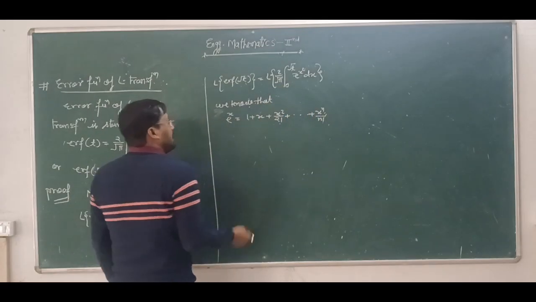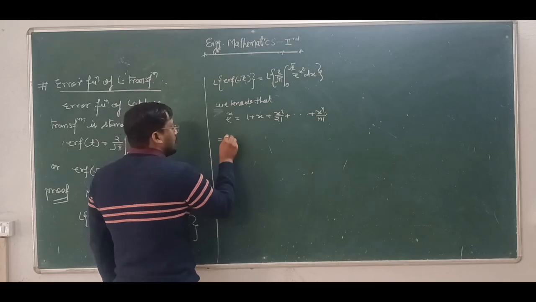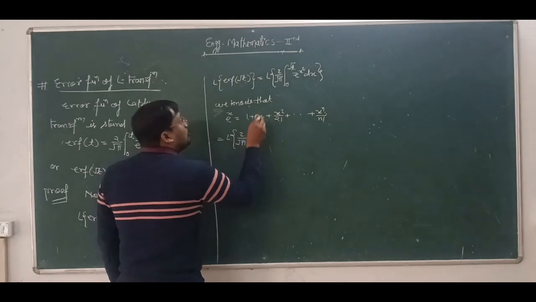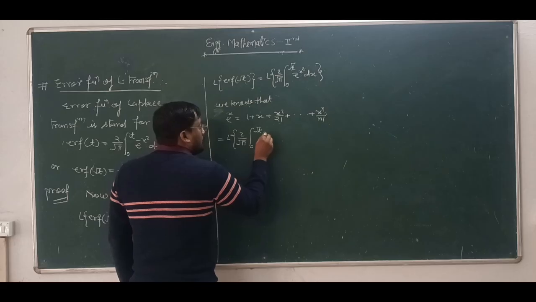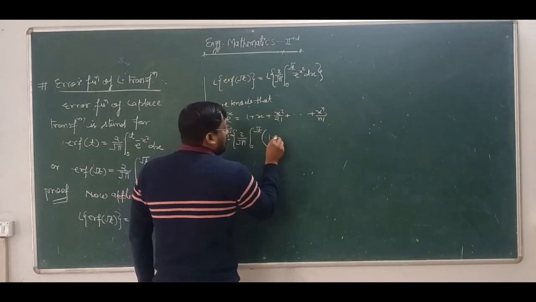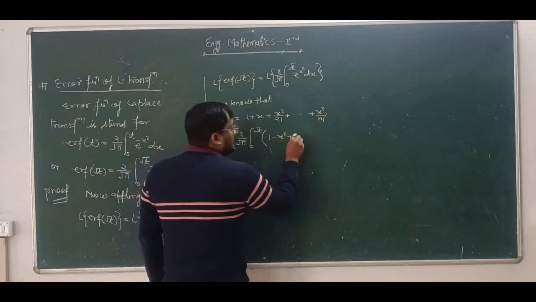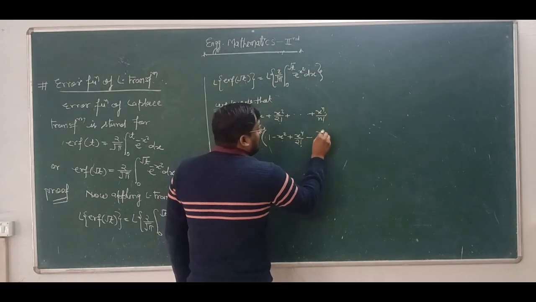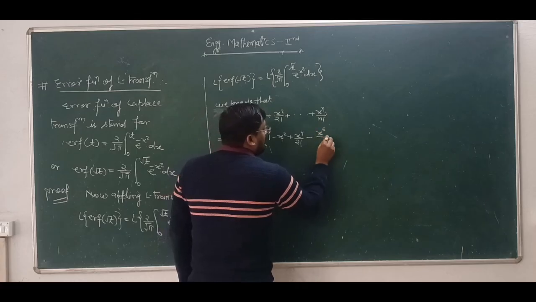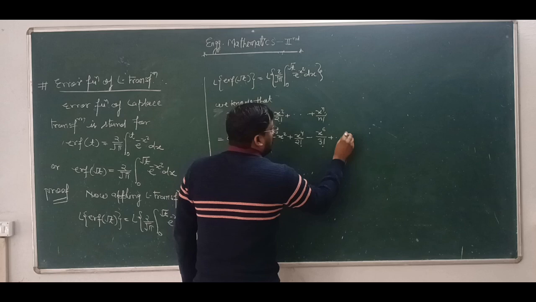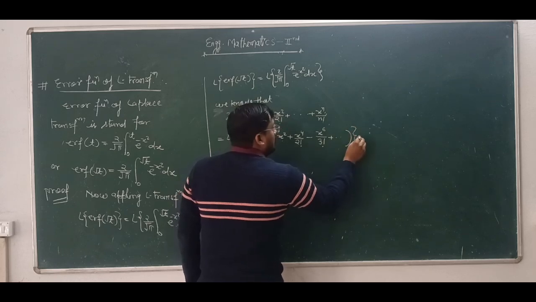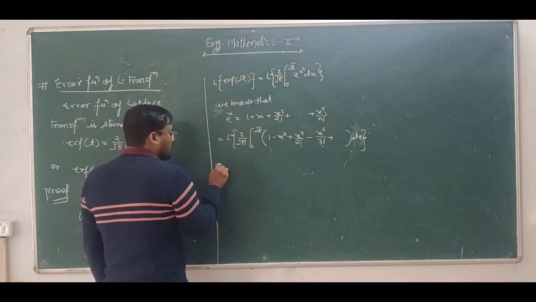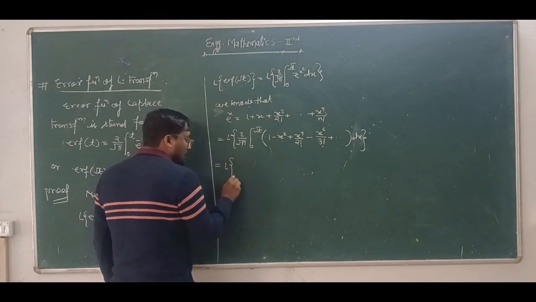Now putting the value of exponential e to the power minus x square, we have L of 2 upon root pi, integration 0 to root t, of 1 minus x square plus x to the power 4 upon factorial 2 minus x to the power 6 upon factorial 3 plus dot dot, into dx.